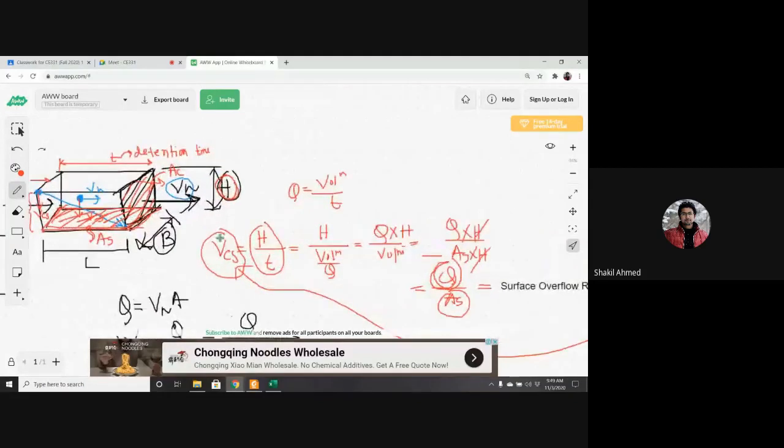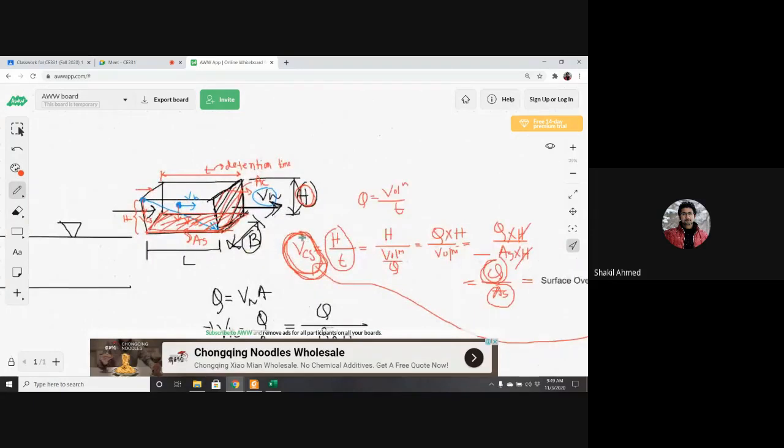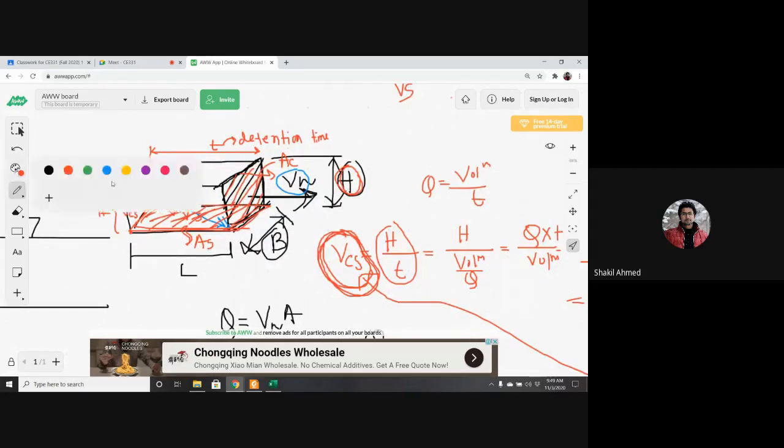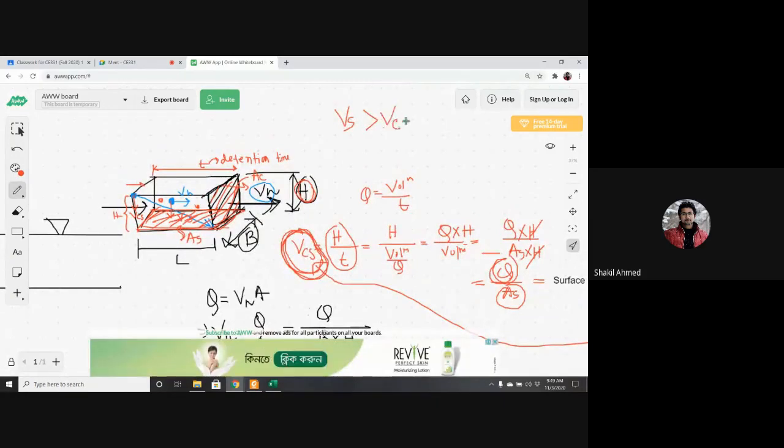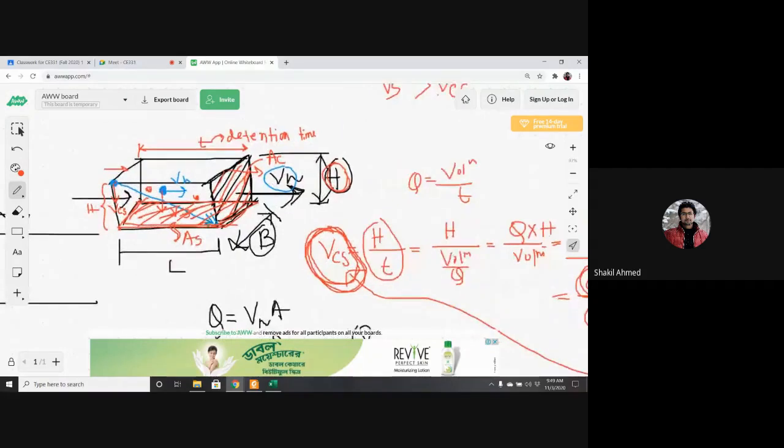So this is a settling velocity, but this is a special kind of velocity. This is the critical settling velocity. Now tell me, if any particle is located maybe here or there, we don't know. If the settling velocity of this particle is greater than the critical settling velocity, then what would happen?